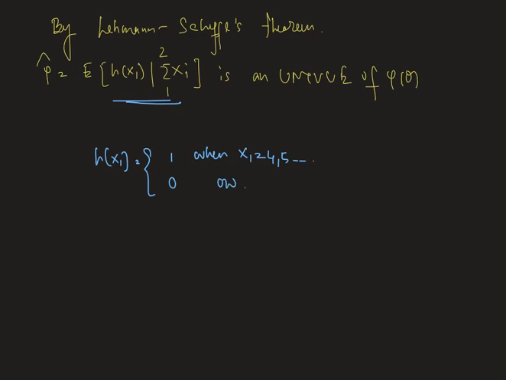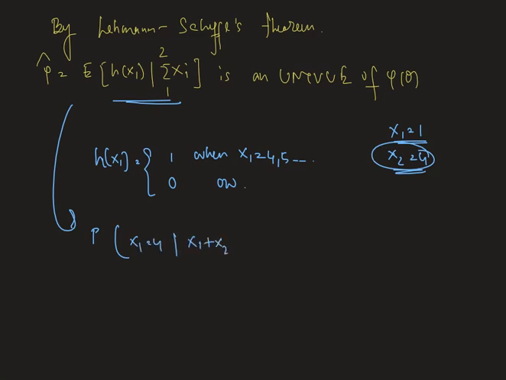But by the question, we have two samples, x1 equals 1 and x2 equals 4. So for the first value, there is zero value for h(x1). Hence, only for the next value, x2 equals 4, we get 1 corresponding to h(x1). Hence, the expectation reduces to the probability of x1 equals 4, given that x1 plus x2 equals 5, or x1 equals 5, given that x1 plus x2 equals 5.